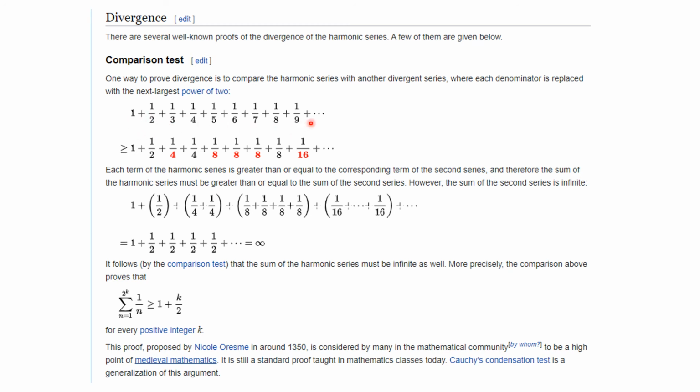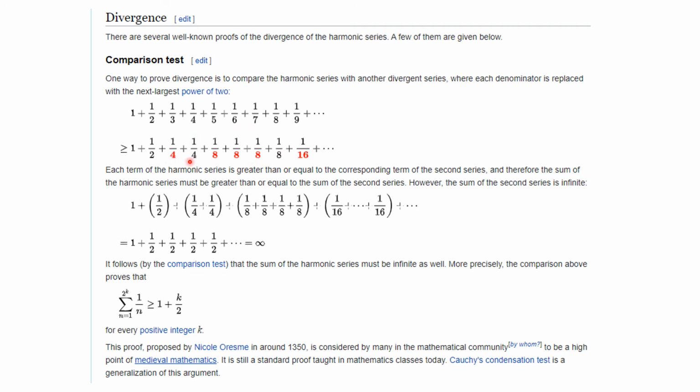But we know that this expression is going to be bigger than or equal to, the 1 is the same and the half is the same, but here instead of 1/3 I'm putting a 1/4, and instead of these terms I'm putting a 1 over 8. You see I'm replacing those terms with something that is smaller.